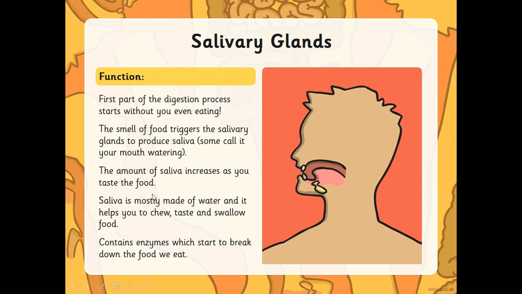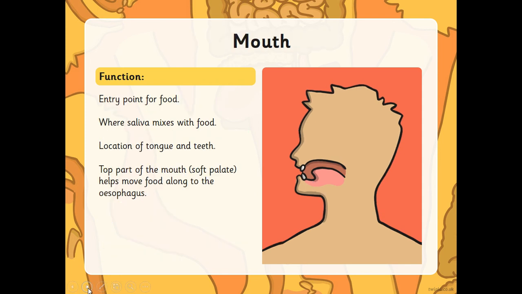Like you think your favourite food, when you smell it, see it, you can feel your mouth start to fill with that saliva. Okay, so hopefully you'd have paused that and made your notes. So next is your mouth, okay, and that is your entry point for food.